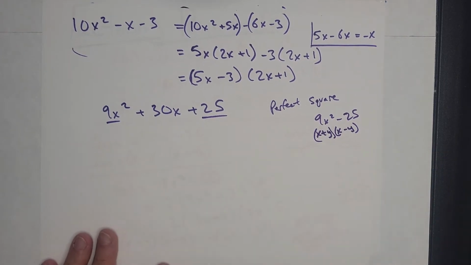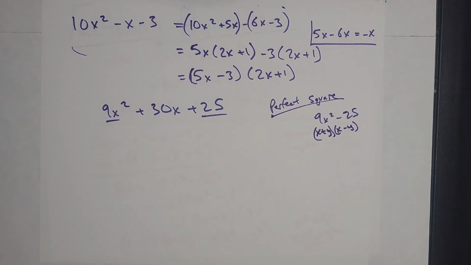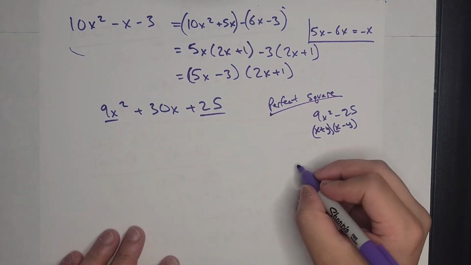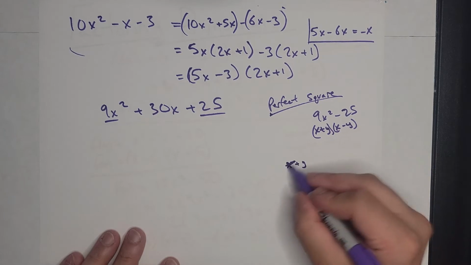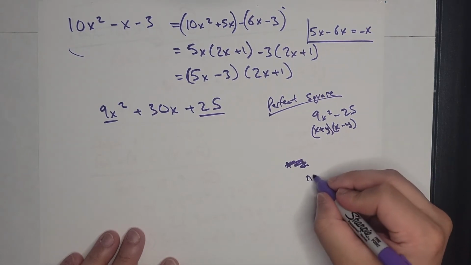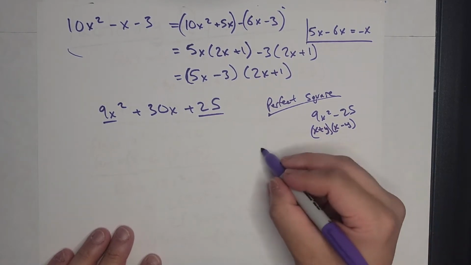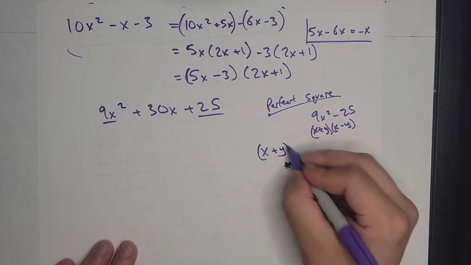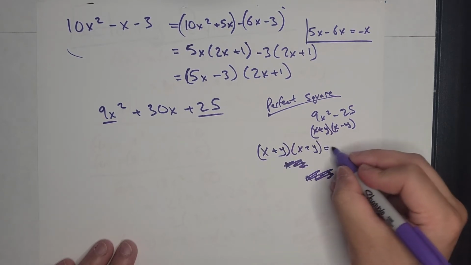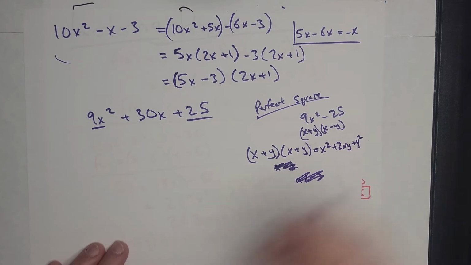If you remember from our previous video on perfect squares, there's another rule: x plus y times x plus y gives me x squared plus 2xy plus y squared.